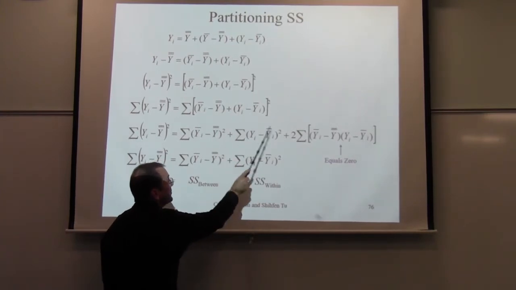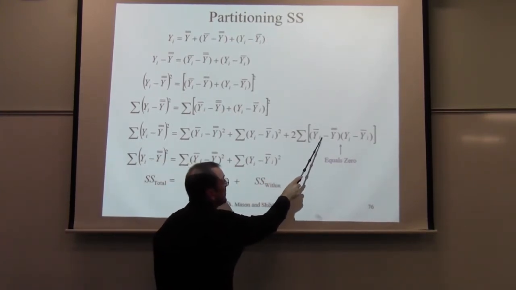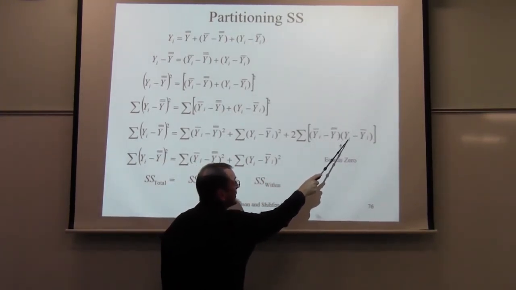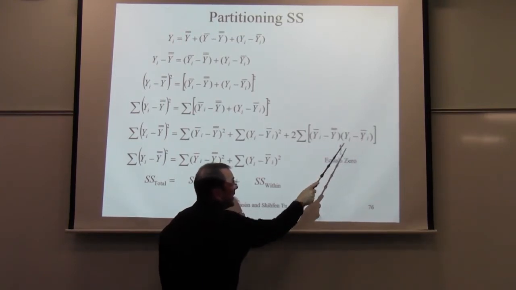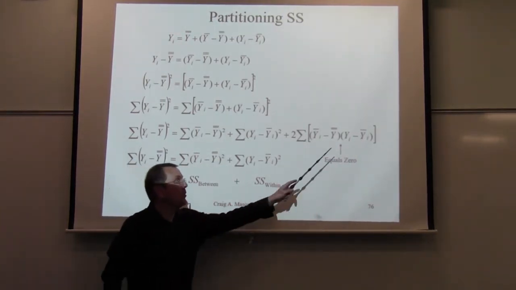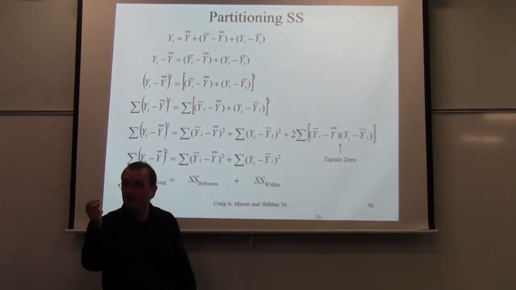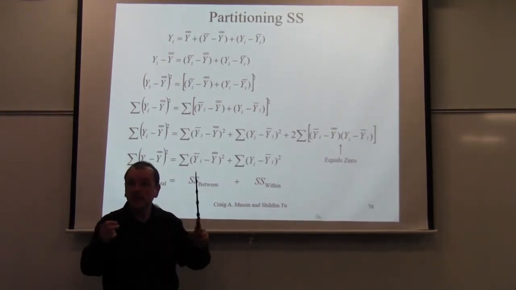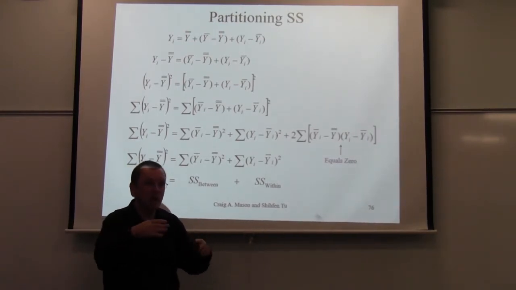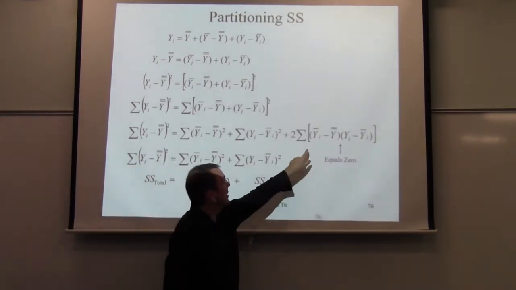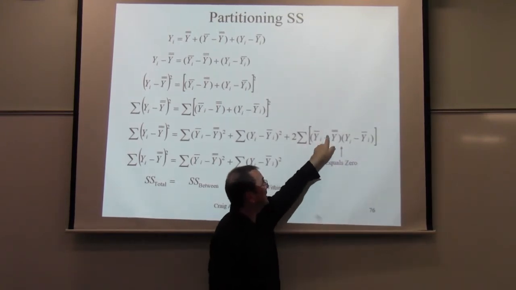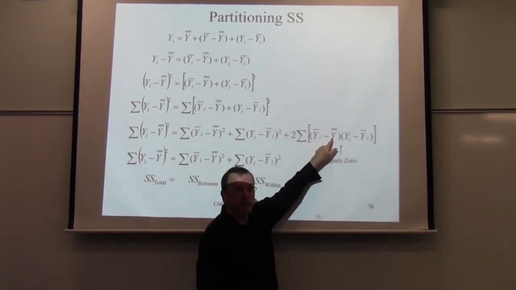So it's 2 times the sum of the group mean minus the grand mean times the individual score minus the group mean. Now, I won't belabor this, but remember one of the characteristics of the mean: the sum of the deviations about the mean is always equal to 0. So the sum of these group means minus the grand mean will be 0.